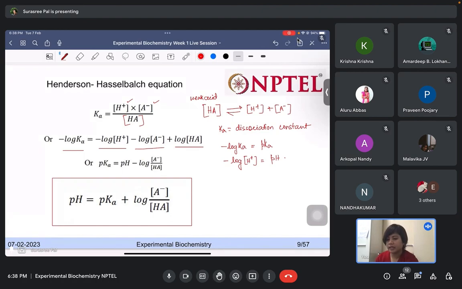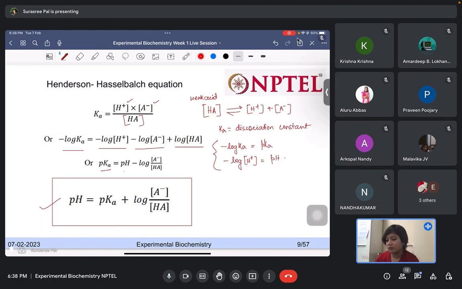So putting these two values here, we get pK equals pH minus log of A minus divided by HA. Okay, and if we change the sides here, we get this particular equation, which is pH equals pKa plus log of concentration of A minus divided by concentration of HA.